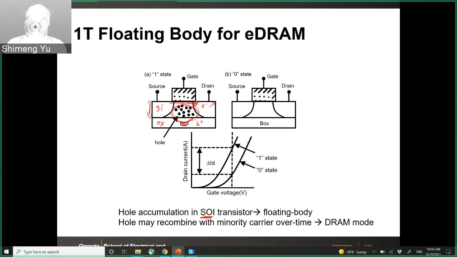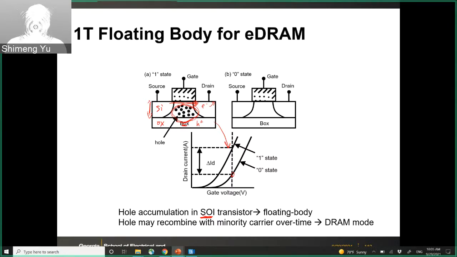Later when you read out the current, you will have higher drain current if you have holes in the floating body. If you don't have the holes in the floating body, then you have less readout current. So you use the holes accumulated in the body as the mechanism to store the data.